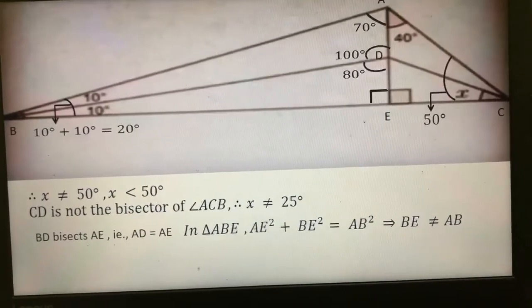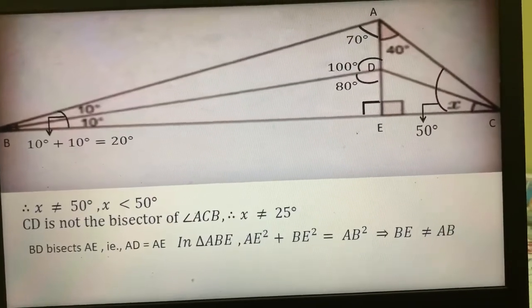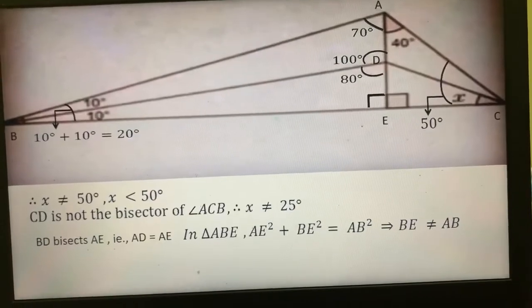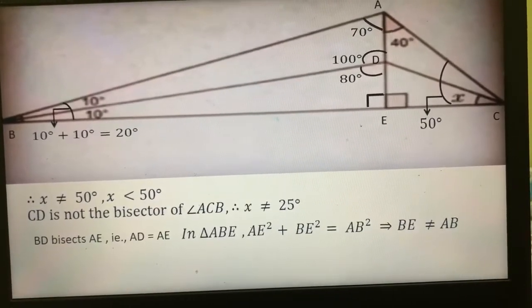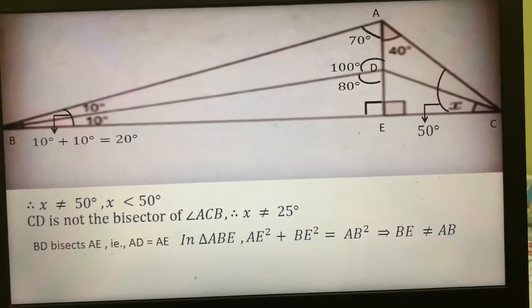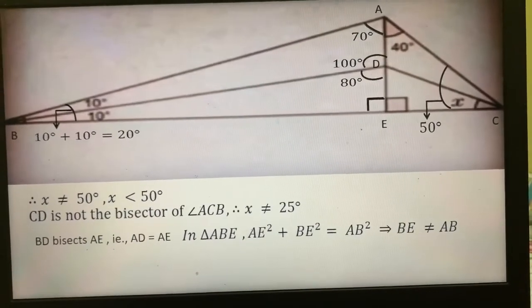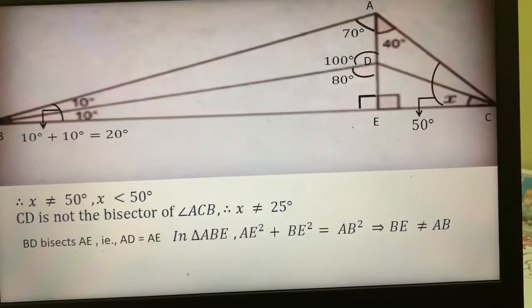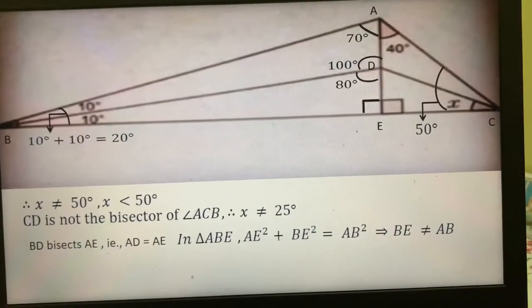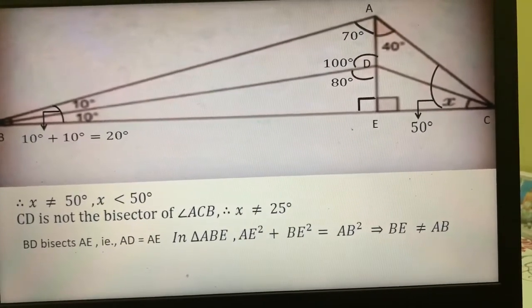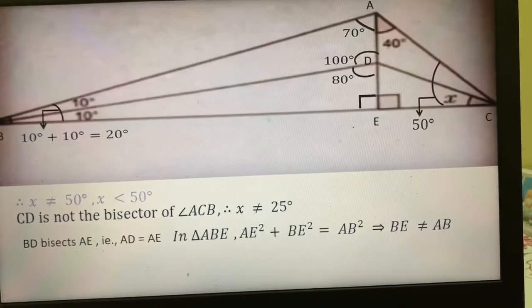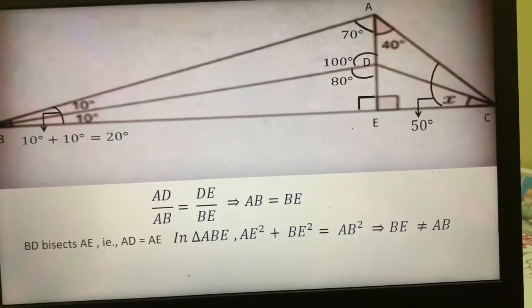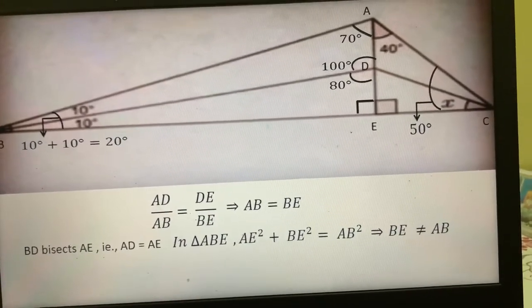So it's clear that BE is not equal to AB, right? Now, as BD is the bisector of angle ABE, we can apply the angle bisector theorem of a triangle. What does the theorem imply? That the other sides of the triangle are proportional. So if BD is the bisector of angle ABE, which is given, then AD by AB equals DE by BE. Note it down.